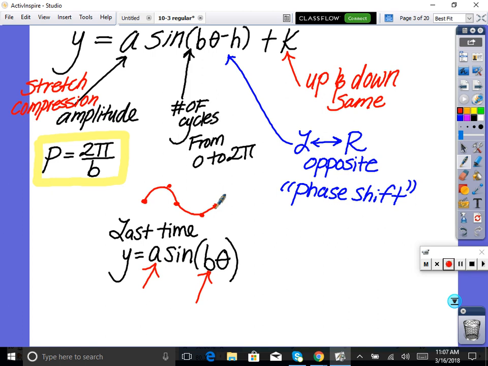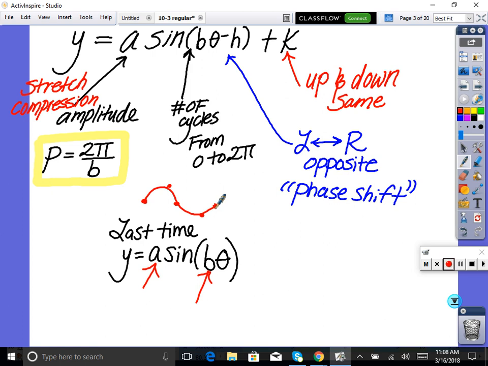So if they said there's a phase shift of pi halves, that was shifted left and right pi halves. Does that make sense, everybody? Phase shift is a left and right shift. So we go opposite just like with all other functions, and then if we add something on the outside of the function, it will just shift it up and down and the sign stays the same. So that is really the lesson. Now we just have to practice it.